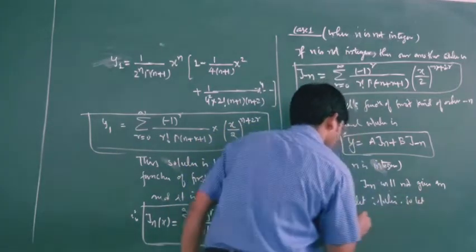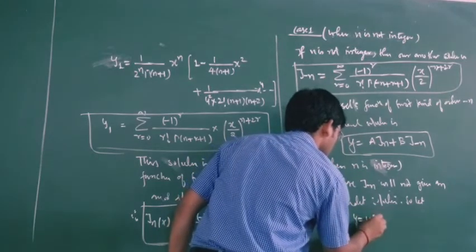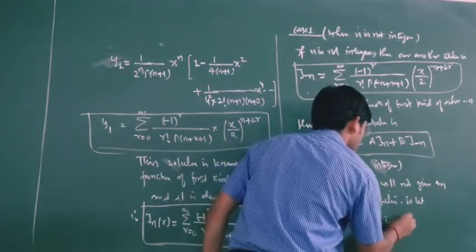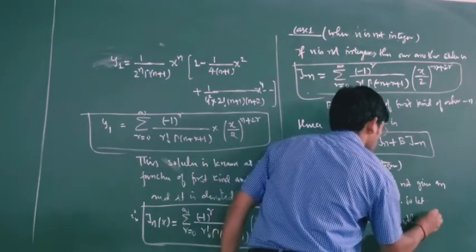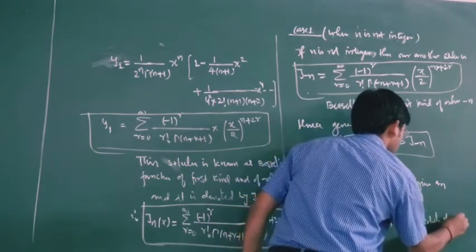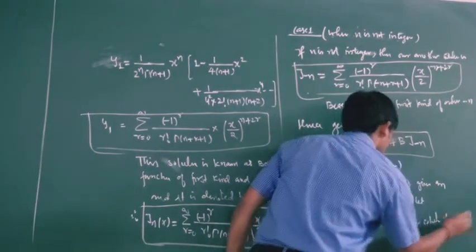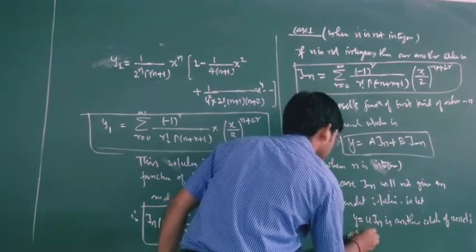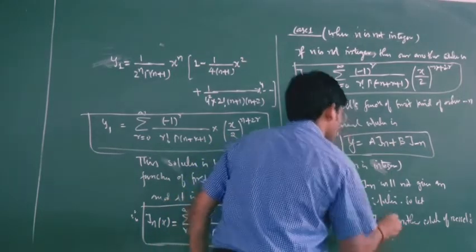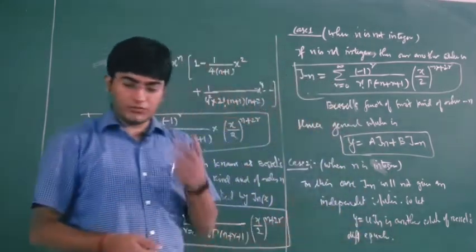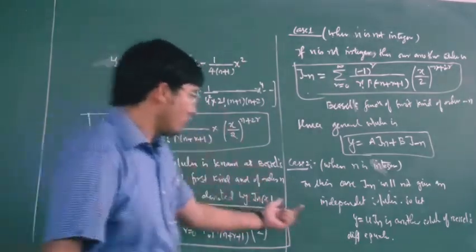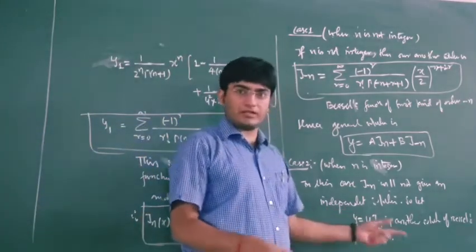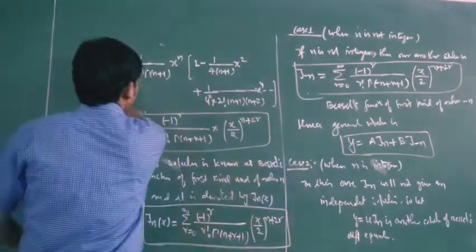Let us say y equal to u Jn is another solution of the Bessel differential equation. So let us assume that this is another solution. Now if it is a solution, then it will satisfy the Bessel differential equation.